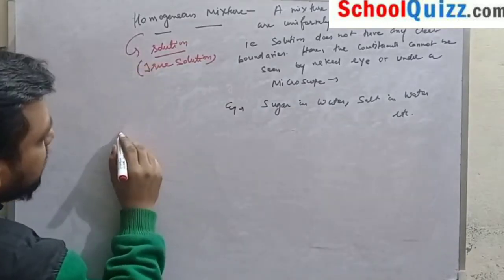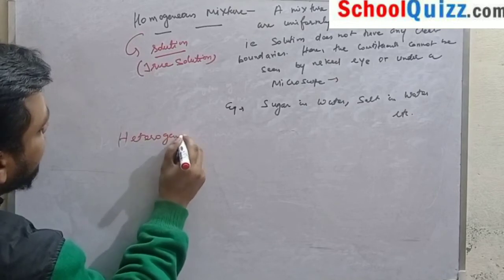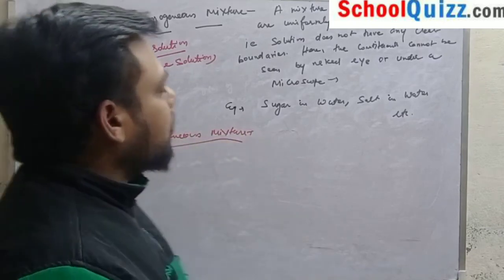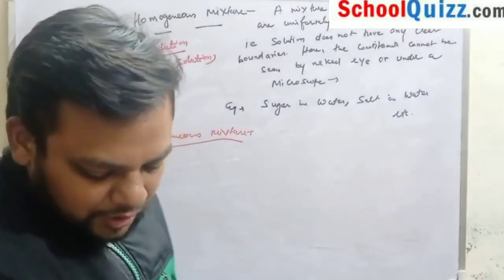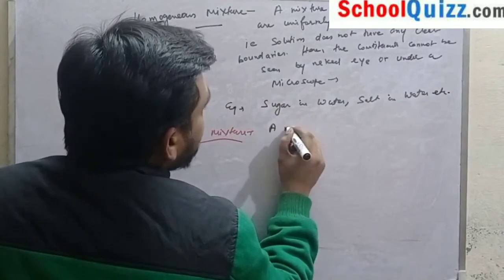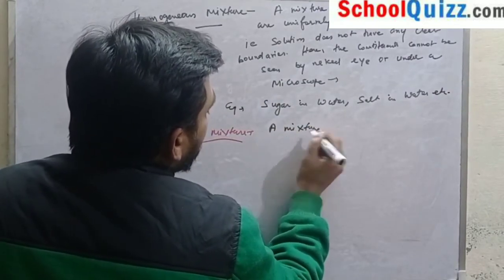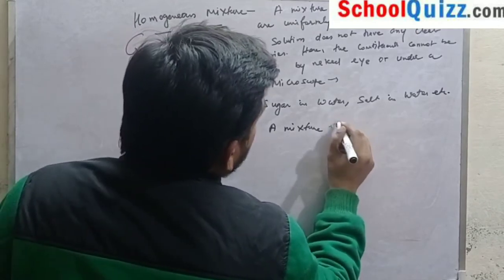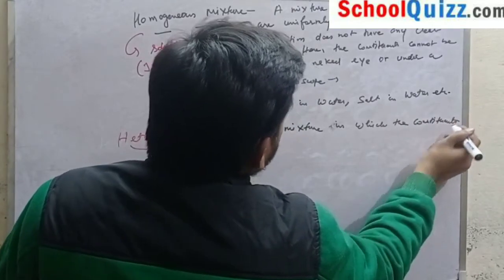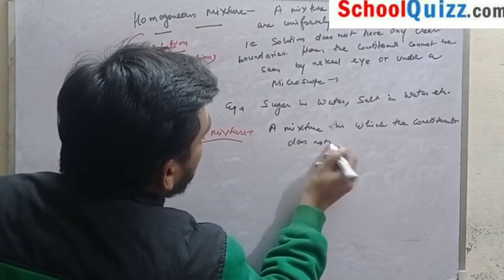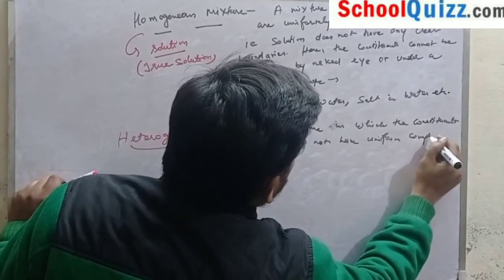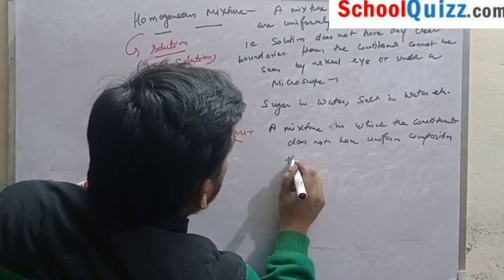The next type is the heterogeneous mixture, just the opposite of a homogeneous mixture. What is a heterogeneous mixture? A mixture in which the constituents do not have uniform composition throughout.